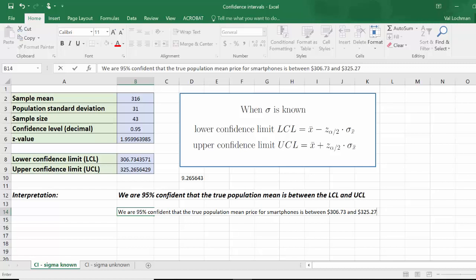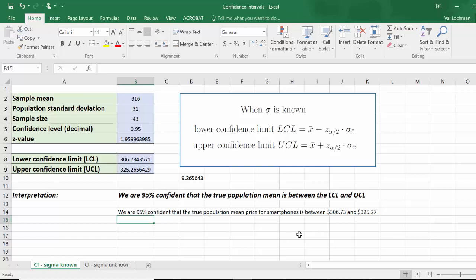Okay, so we're making an inference about the population mean price. We took a sample of 43 purchases and found the sample mean, which was 316. It's very unlikely that the true population mean price is actually 316. Okay, so we want to give it a little bit more of a range, and that would be this statement right here. Okay, so this is your interpretation in the context of the problem of what this confidence interval actually tells us.